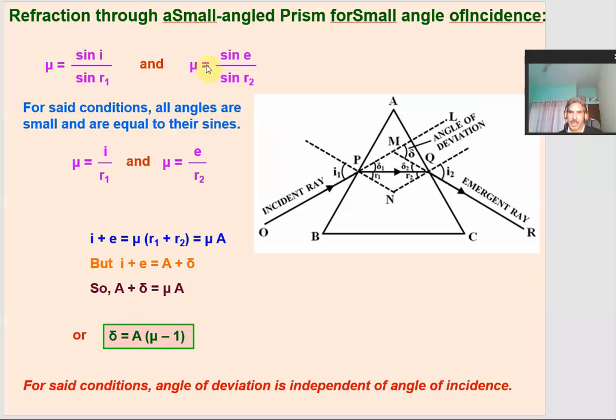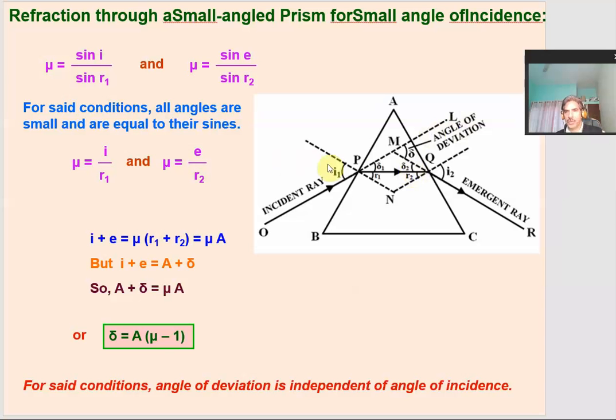Similarly, Snell's law for face AC is the refractive index of air divided by the refractive index of glass, because now the second medium is air, which is equal to sine of angle of emergence divided by sine of angle of incidence, which is R2 here.